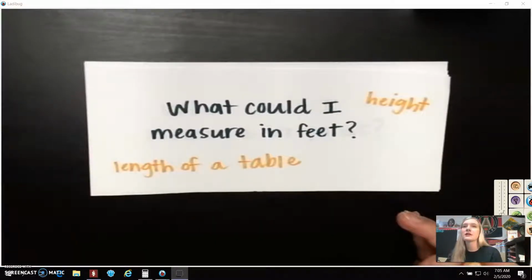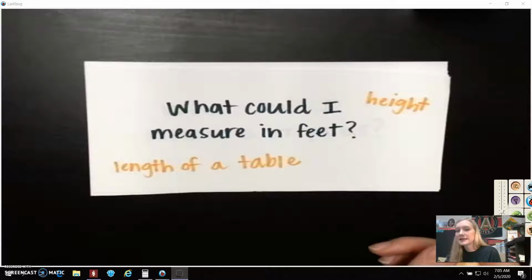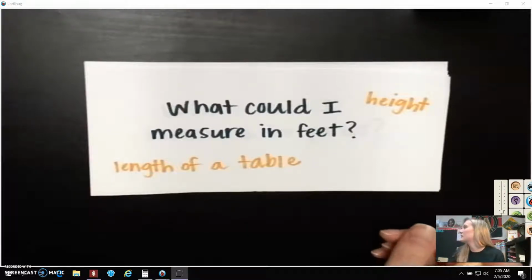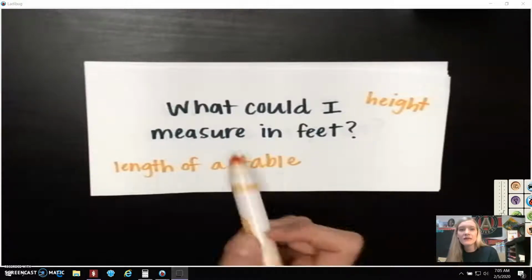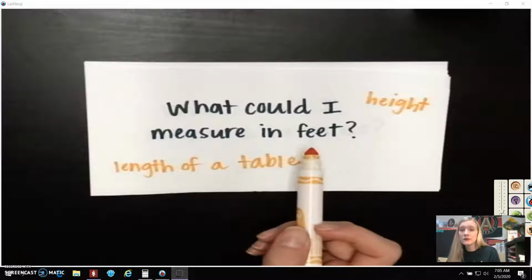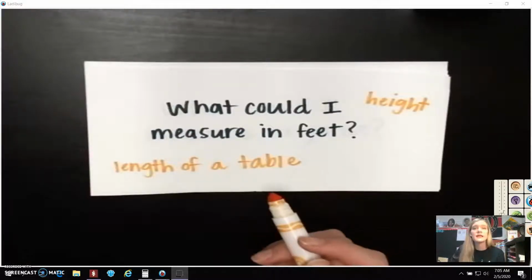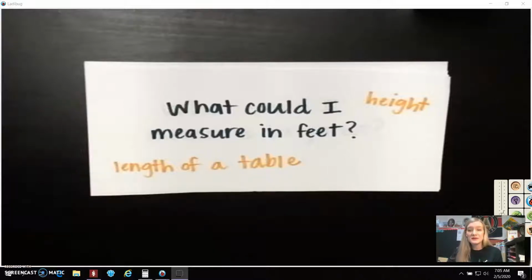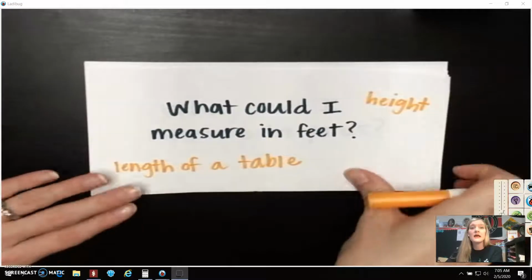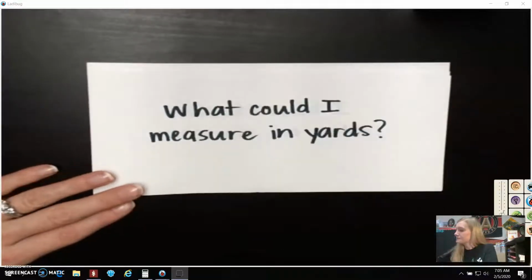So you're going to measure things like large boxes, or the height of cabinets, or the length of tables, or rooms are typically measured in feet. That's why when you are going into a new home, you're going to look at the square footage of the house. That means that they've measured the length and the width, and they've calculated how many square feet you have in that room to work with.